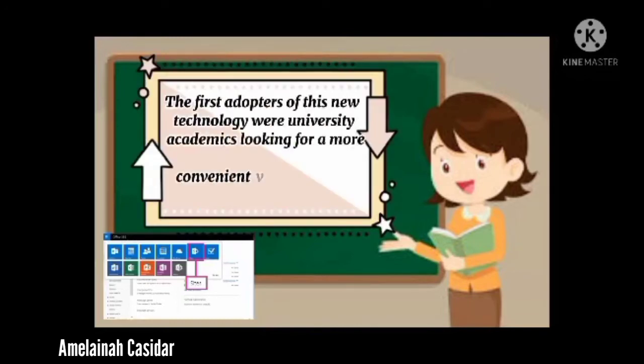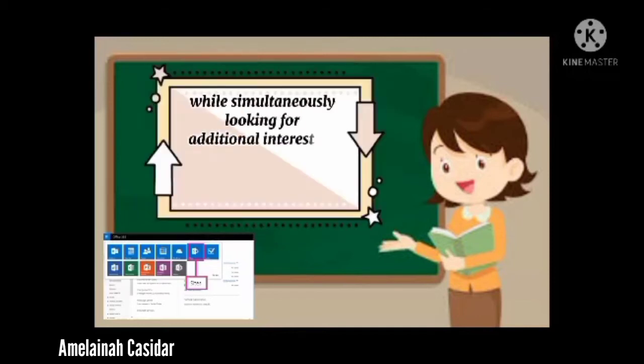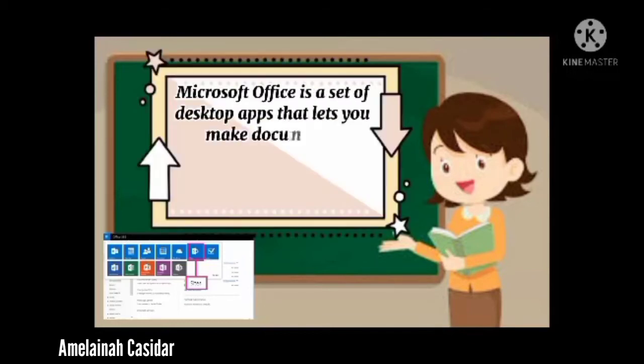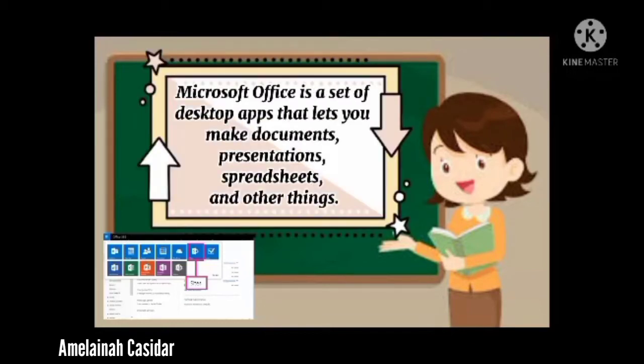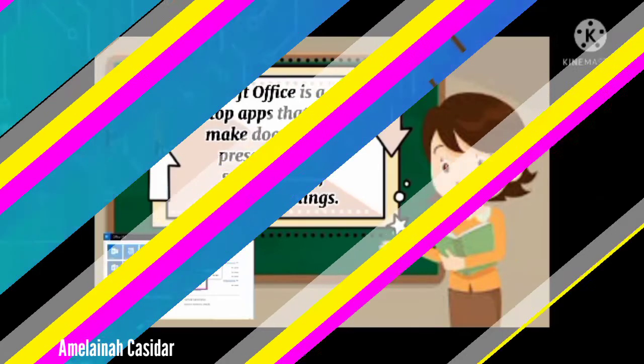The first adopters of this new technology were university academics looking for a more convenient way to submit their work, while simultaneously looking for additional interesting research sources from other institutions. Then, Microsoft is a set of desktop apps that lets you make documents, presentations, spreadsheets, and other things.